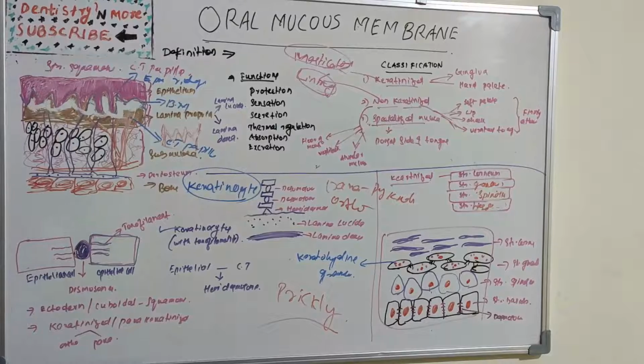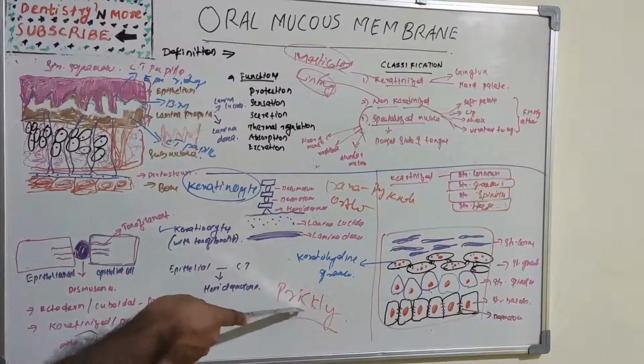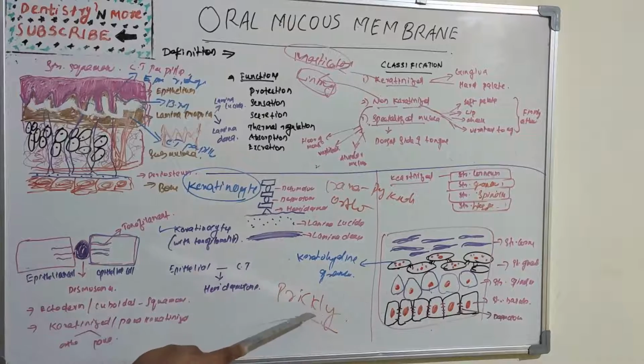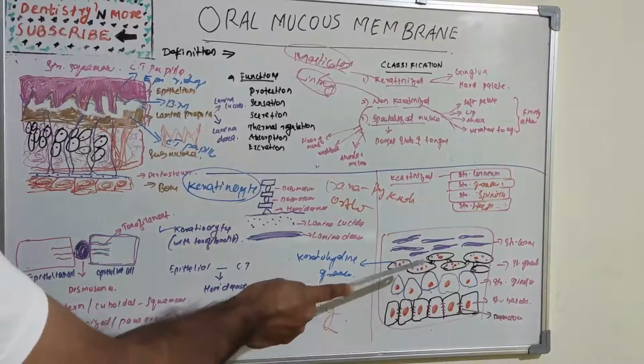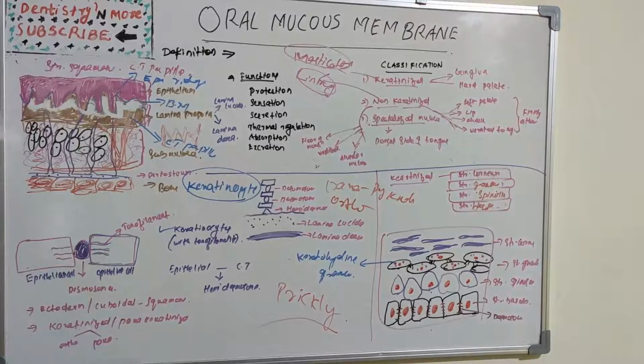The intercellular bridges or desmosomes give a peculiar appearance which is known as prickly appearance. So prickly appearance is seen in stratum spinosum, and they contain glycolipids originating from the Golgi complex.